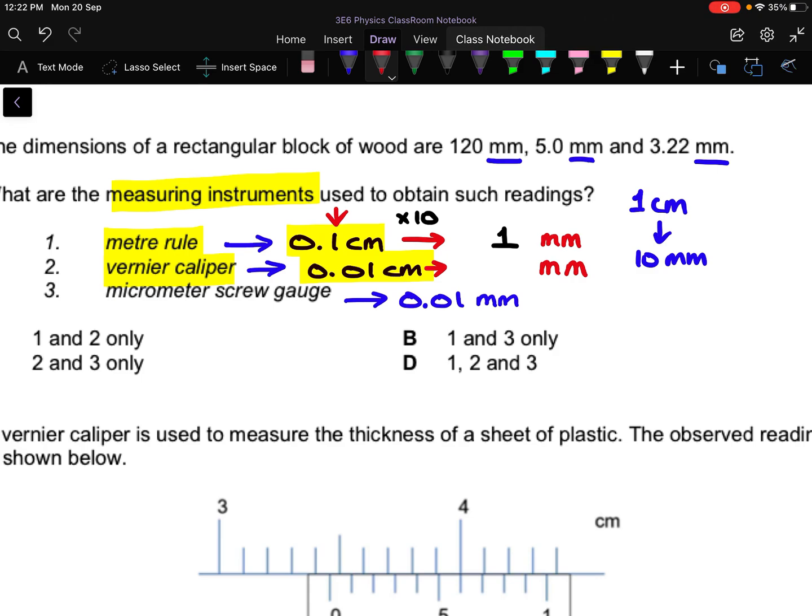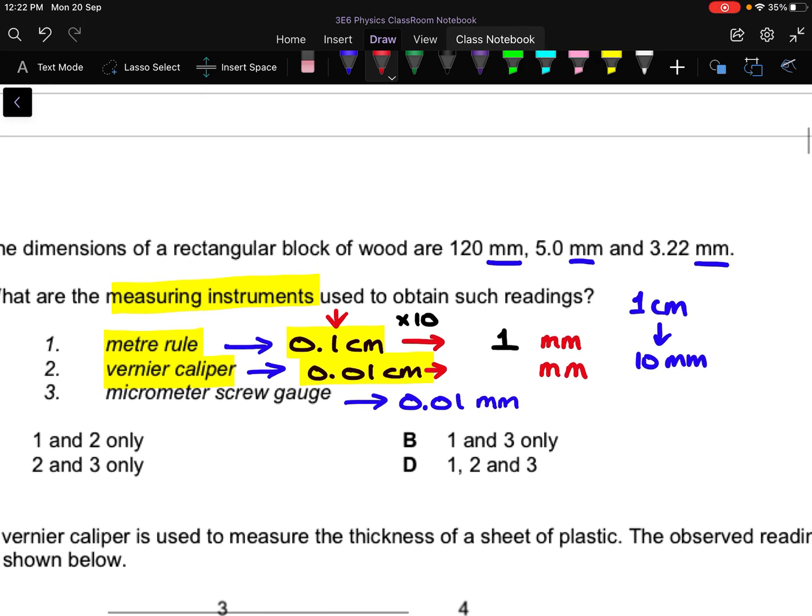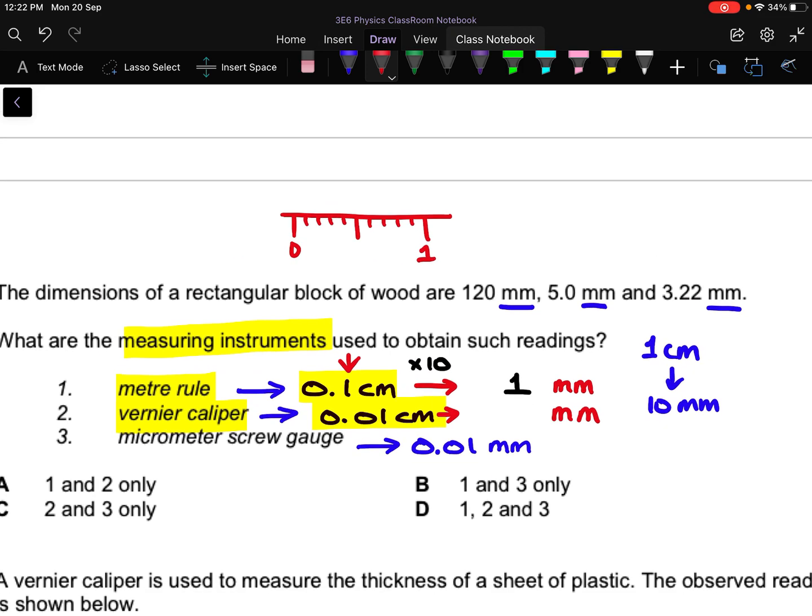how defined the scale is. When I say the scale, it means like, for example, your meter rule looks like that, right? 1, 2, 3, 4, 5, 6, 7, 8, 9, 10. Right, so your meter rule can only give you an accurate reading of smallest 1 mm.